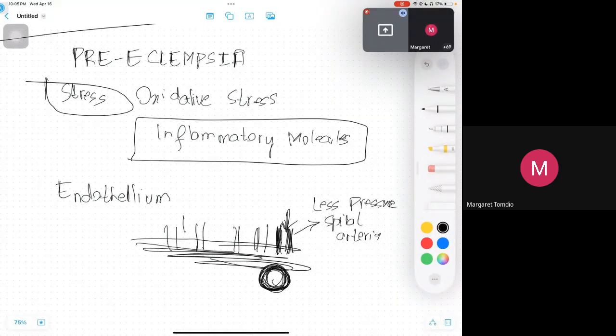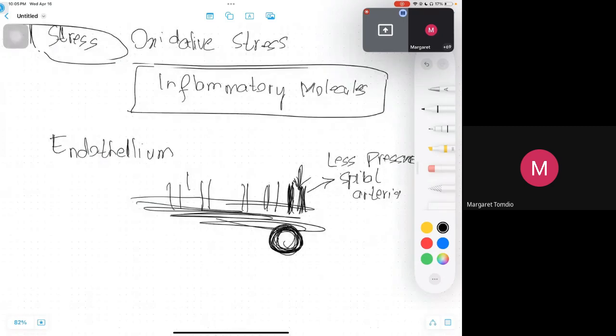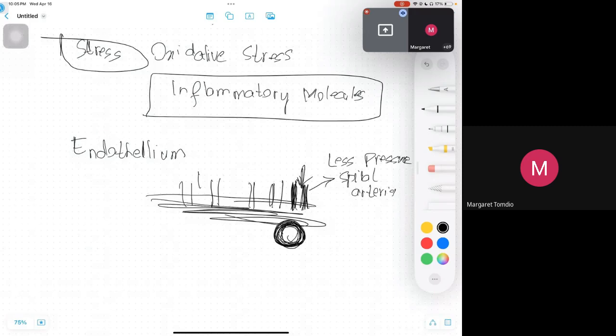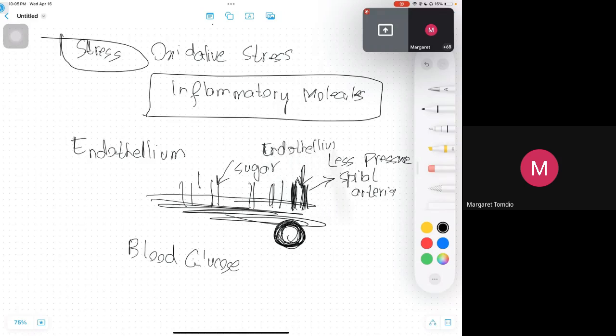But what happens is that when there is any kind of oxidative stress, or especially in diabetes, there is increased blood glucose. The sugar will bind with these endothelial vessels, and they will form glycated compounds.